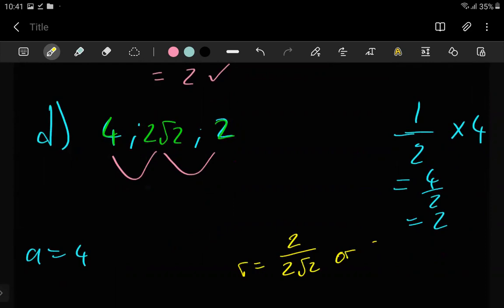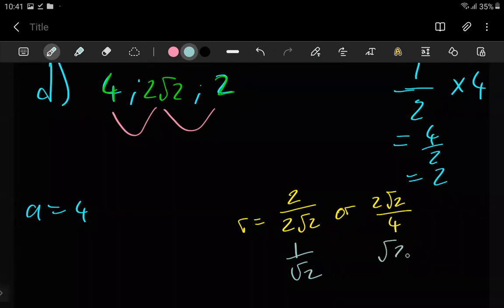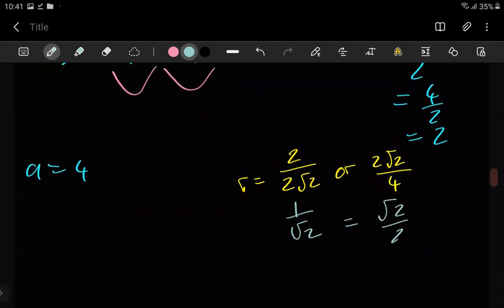What are these answers? I get square root of 2 over 2. Yeah, so these are equal to each other.